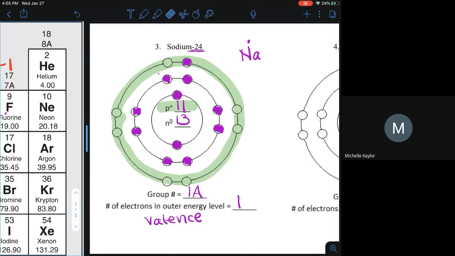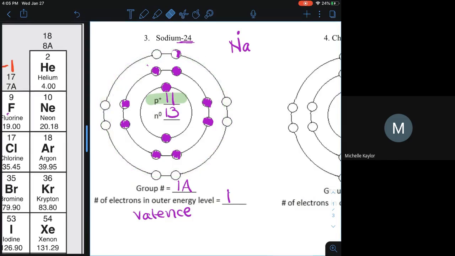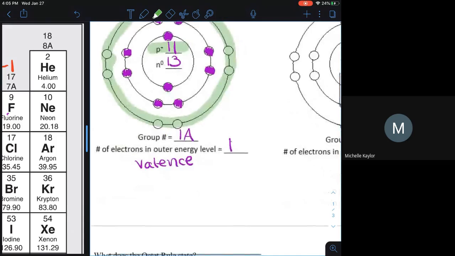To fill up that shell, it would need to gain 7 more in order to have 8, but you can't gain or lose more than 3. So instead of gaining 7 more, sodium would just lose the 1 that it has, and now it has a different outer level. The outer level is now the one beneath that, and it has 8, which would make sodium happy. So remember that by losing a valence electron, it would go down to the level beneath it, which is typically going to be full.